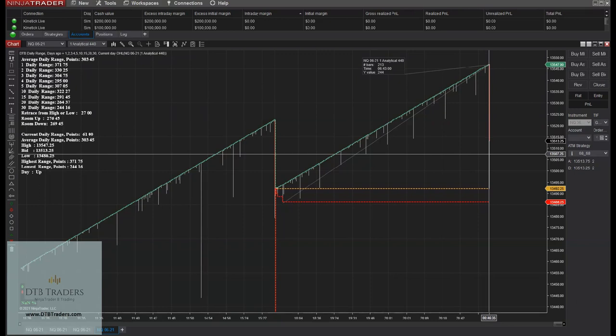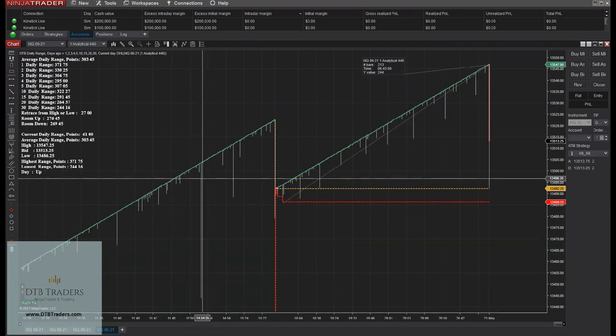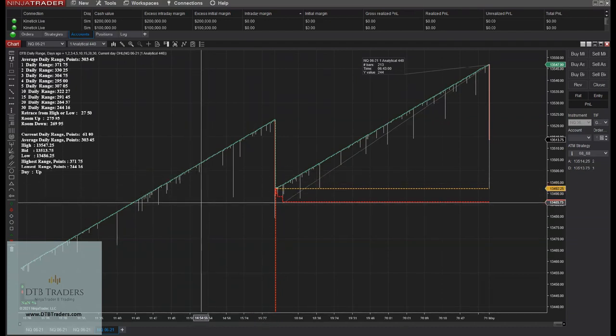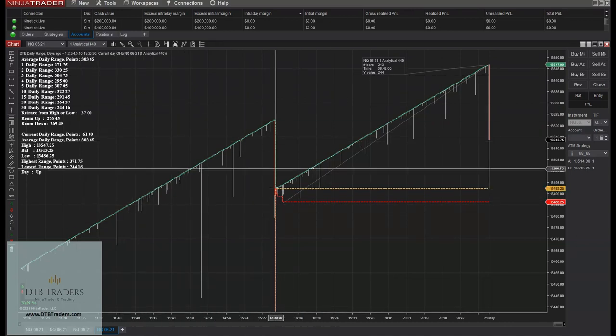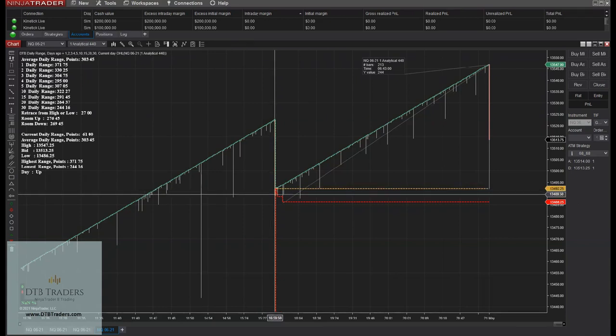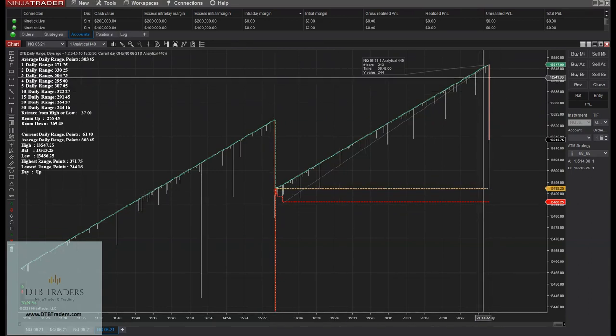So that is pretty handy, especially in the early afternoon of the US trading session. Say for example, in the early US trading session, the price has moved up 220 points and the daily range is 300. The price would have to go 240 points down plus another 70 points down to fulfill the daily range.